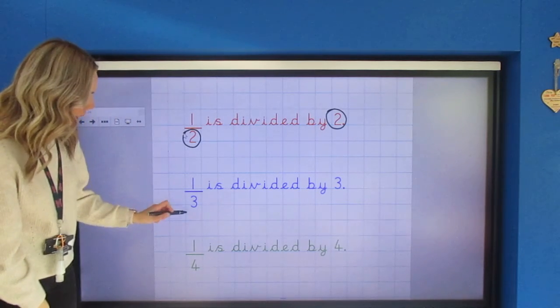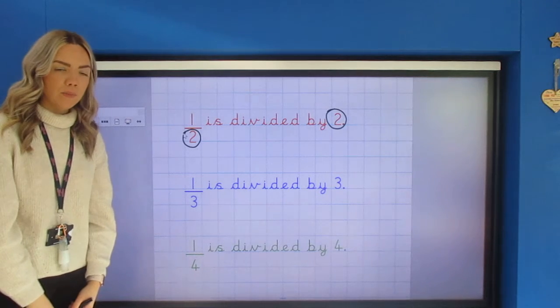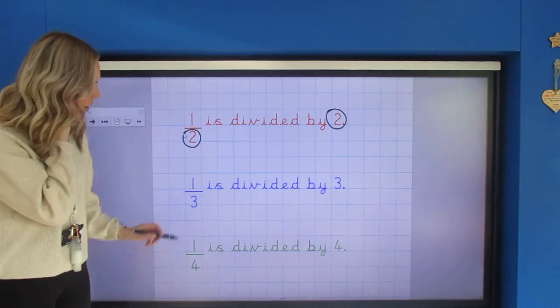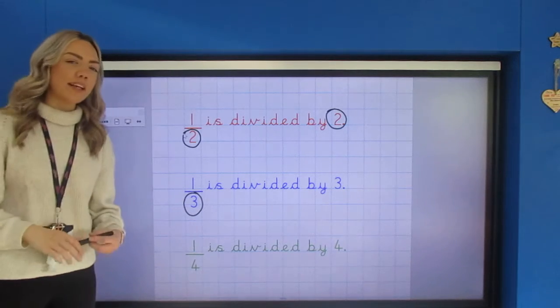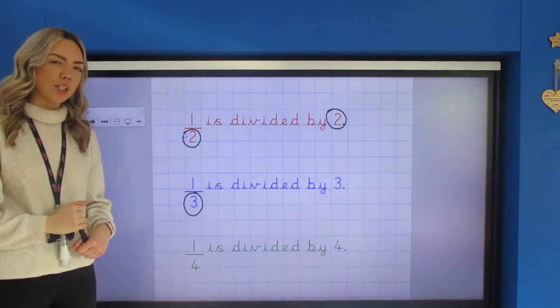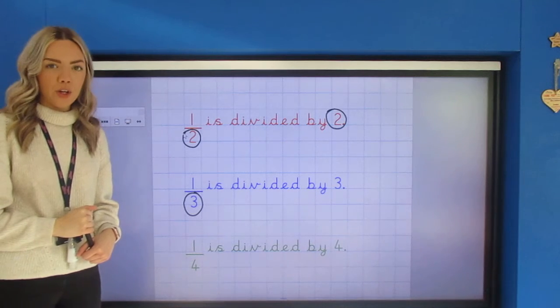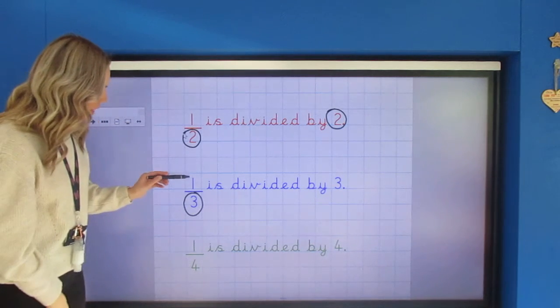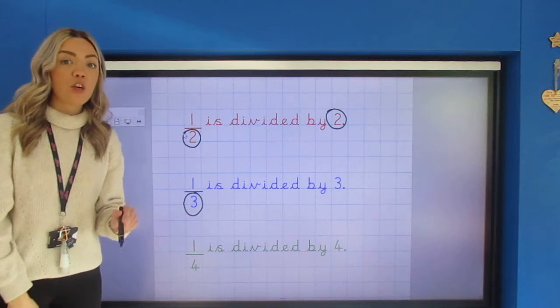Can you remember what this fraction means? Have a think, okay? Think about the number that we can see here. Think about what we call that fraction. Can you remember? 1/3, okay? So this fraction, 1/3, is called a third.